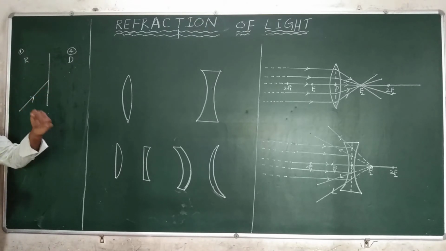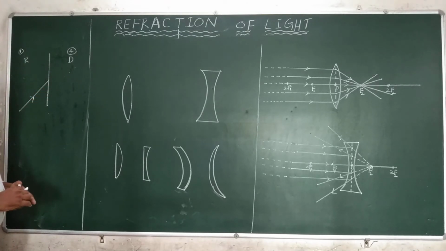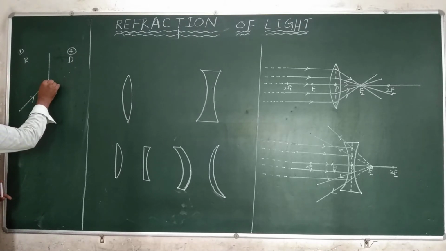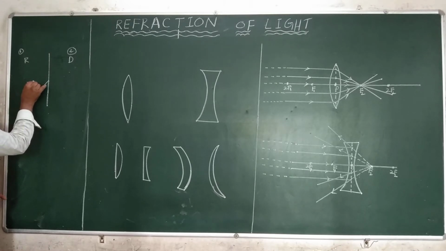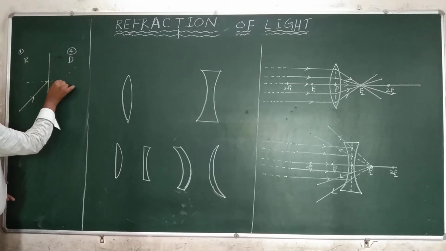Here, as the light travels from the rarer medium to the denser medium, the speed of light decreases. Due to that, the light bends towards the normal. This is the point of incidence, and we draw the normal at the point of incidence.